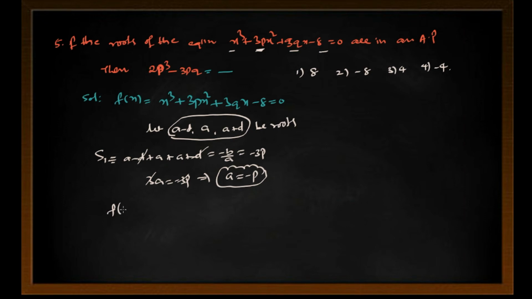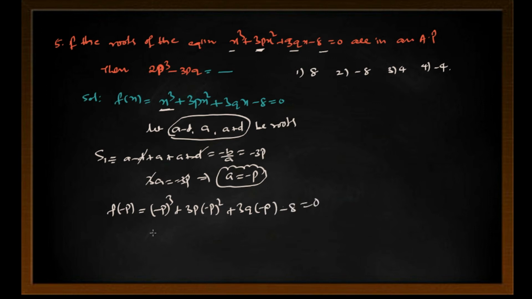Now, in the place of x, we have to write minus p. So f of minus p: in the place of x, we have to write minus p whole cube plus 3 times p into minus p whole square plus 3 times q into x equals minus p, minus 8 equals 0.